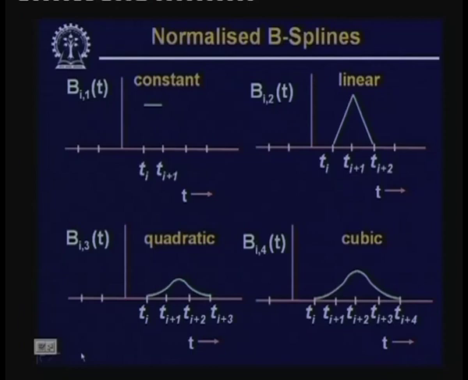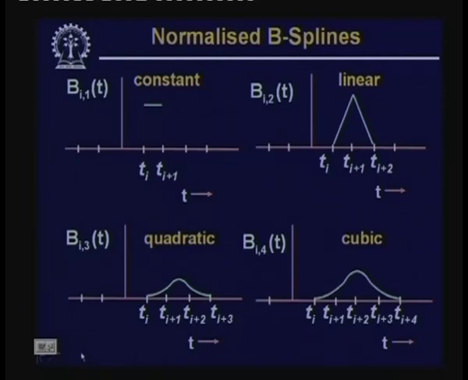And we have mentioned in the last class that the quadratic one, that is for k equal to 3, is normally not used because it does not give a symmetric interpolation. Whereas, using the other 3, that is b_i^1, b_i^2 and b_i^4, we can get symmetric interpolation.